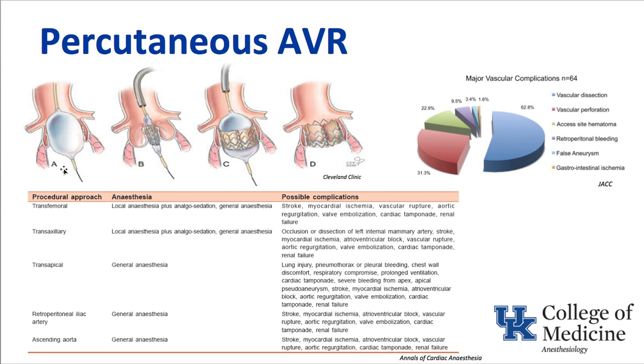Up at the top left, A through D is showing a balloon going in across the aortic valve.